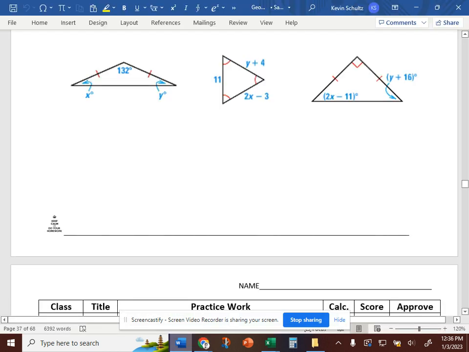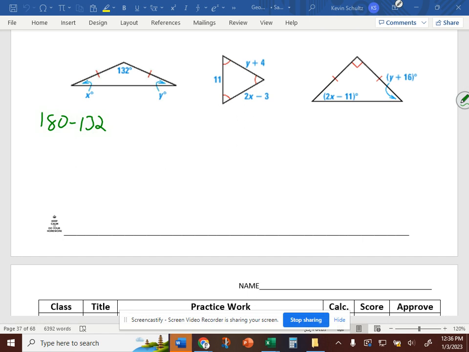All right. Tell me the relationship you came up with or your thought process for x and y. Rowan. I did 132. 180 minus 132 was 48. And then the two angles are congruent. Yes.